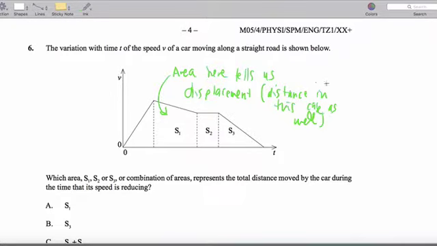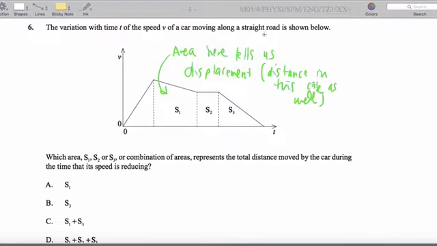So we want to know which areas, S1, S2, or S3, or a combination of areas represents the total distance moved by the car during the time that its speed is reducing. So reducing speed means negative slope. Negative gradient means speed is being reduced.